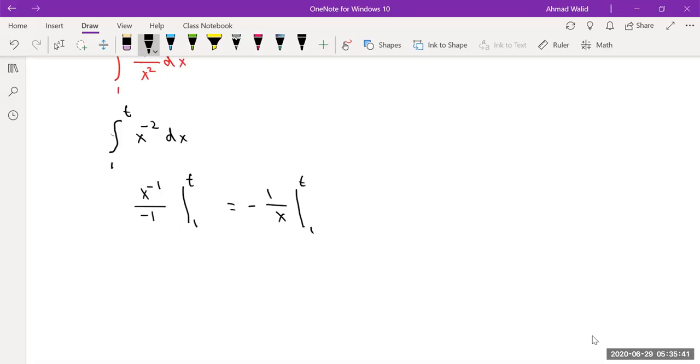Now plug in the upper bound and lower bound, which gives you -1 over t minus -1 over 1, which gives you -1 over t plus 1 over 1, which gives you 1.